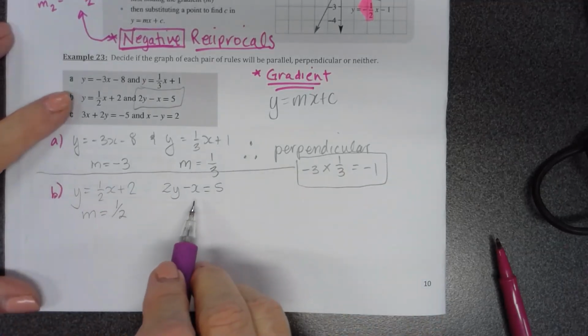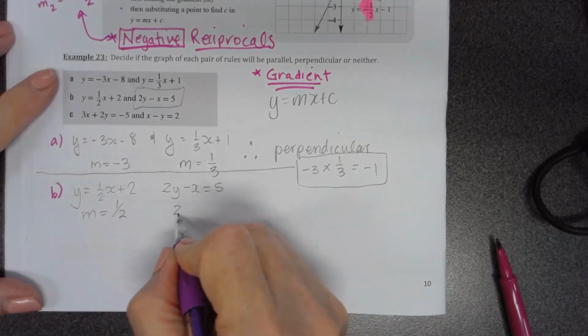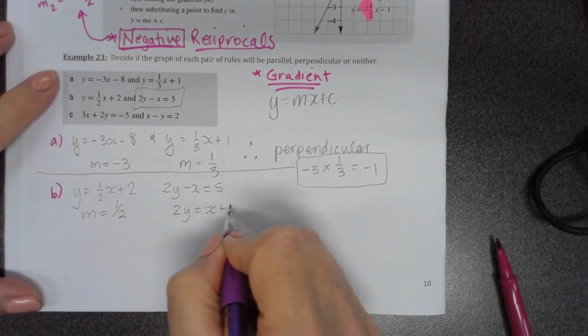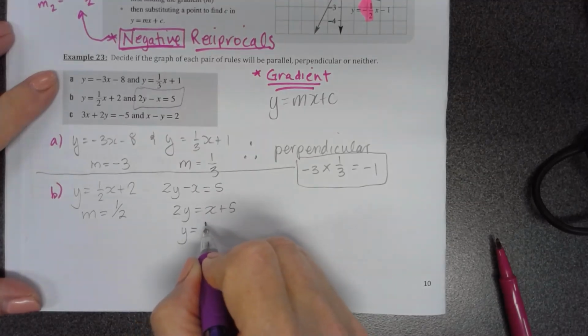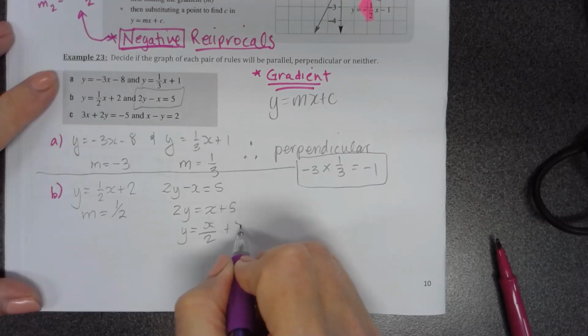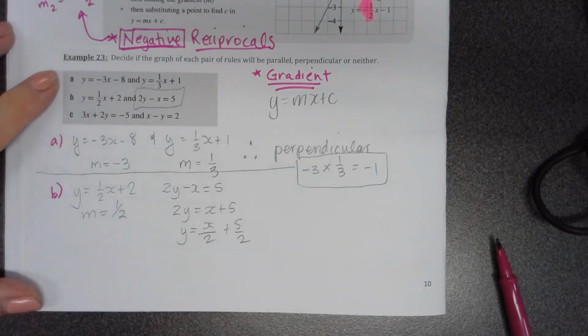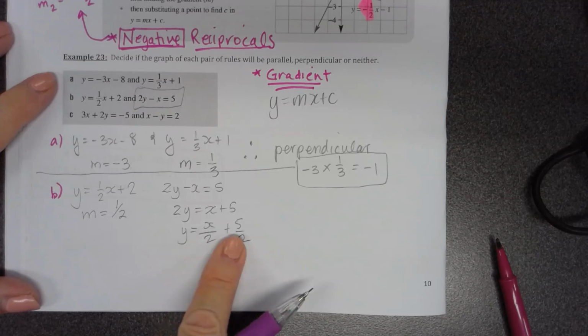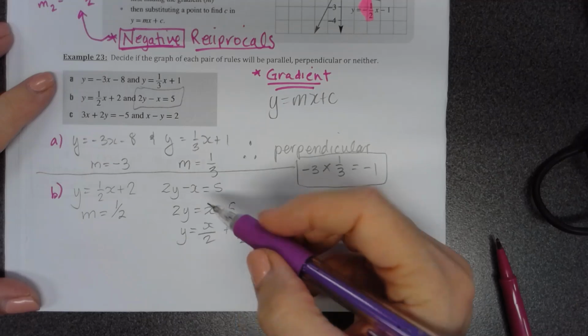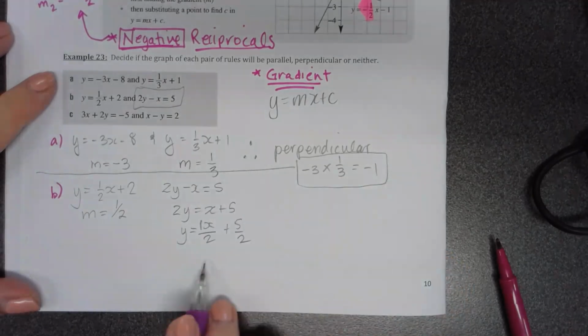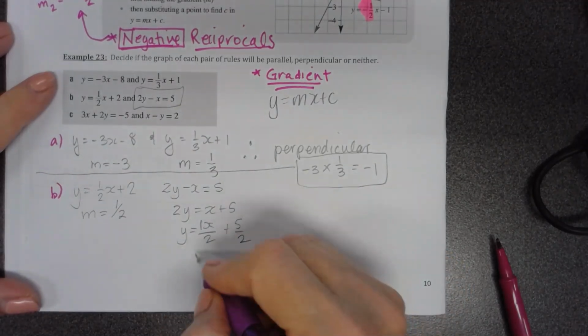So what do you do first? Plus the x. And then divide by 2? Everything. Thank you. Okay, so I've done divide by 2, divide by 2, divide by 2. What about this? Yeah, it is. It's 1x over 2. So what's the gradient? Half.